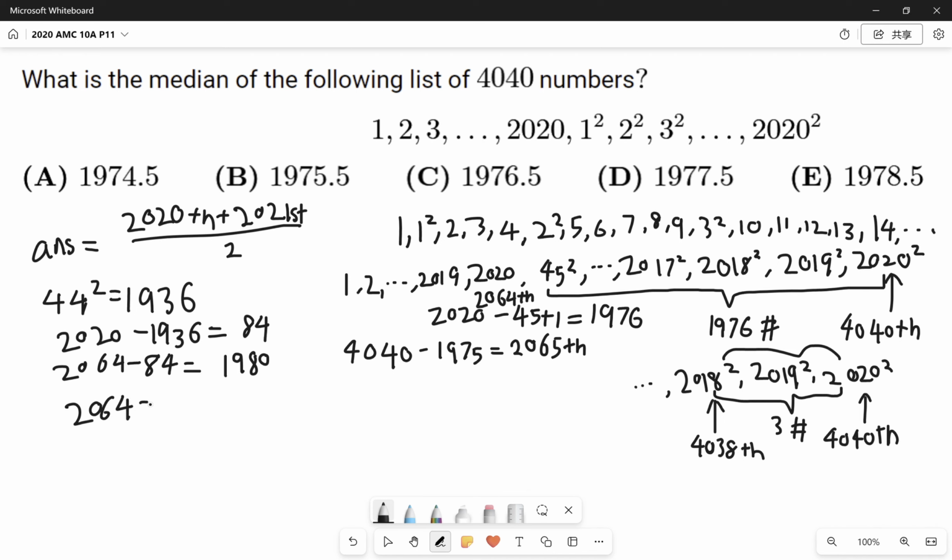We know that 2020 is the 2064th number. We want to get to the 2020th number. So how many jumps is that? That's 44 jumps, so we have to go back 44 places. 2020, the actual number, minus 44 is 1976.